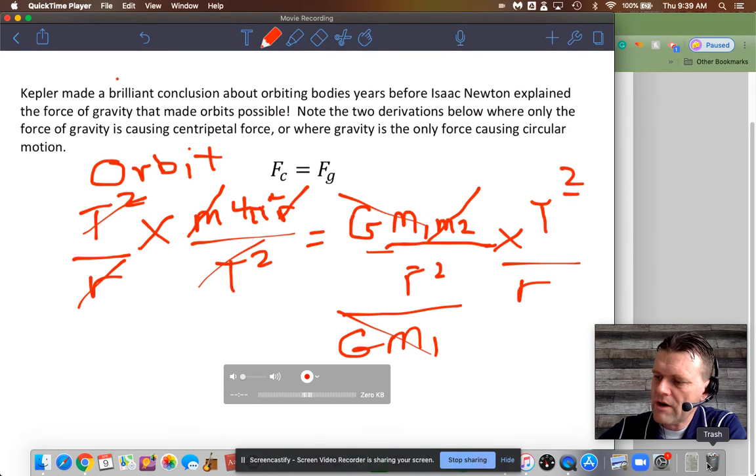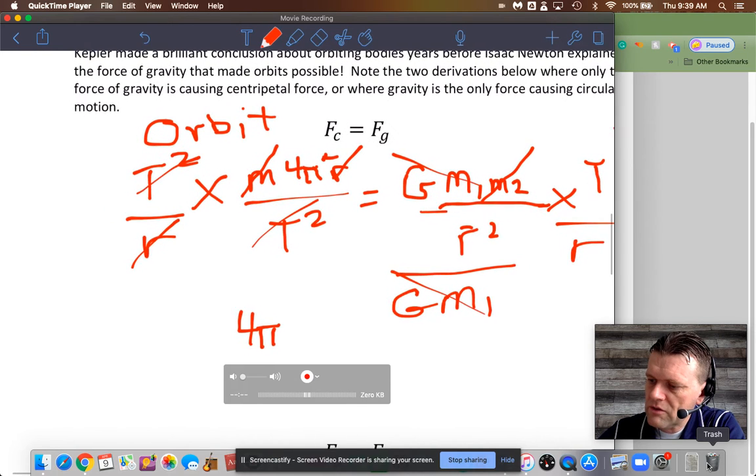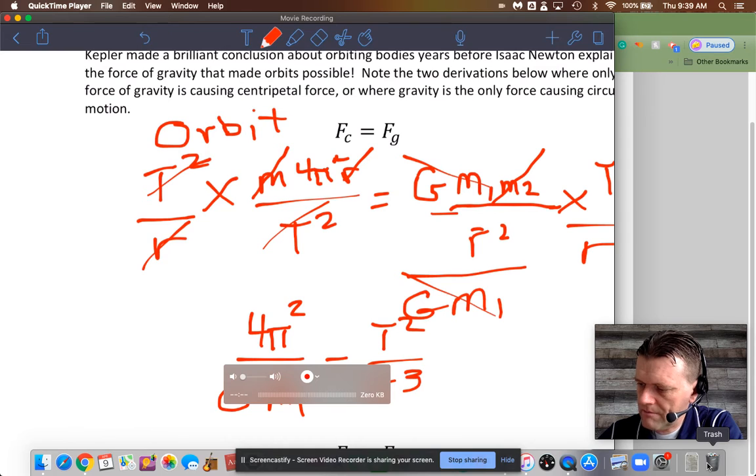Let's just summarize this, because you can probably see where I'm going now. What we're left with is 4 pi squared over G m1, big G times m1, is going to equal T squared over r cubed.